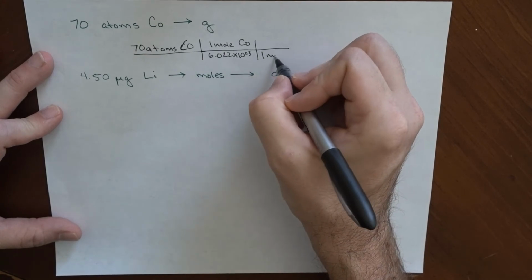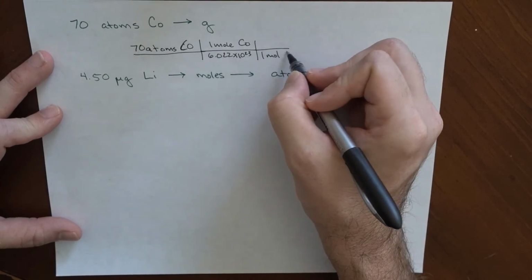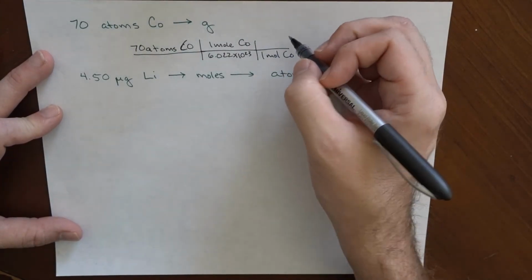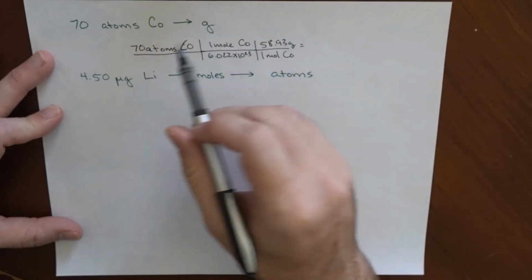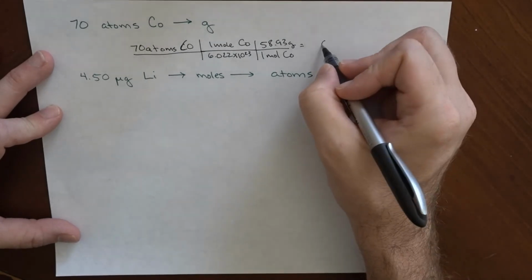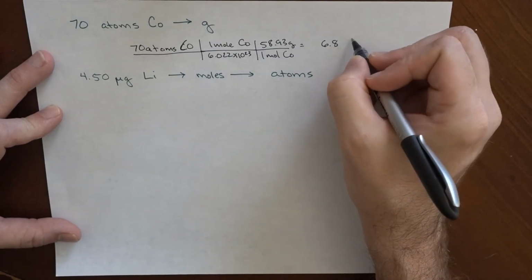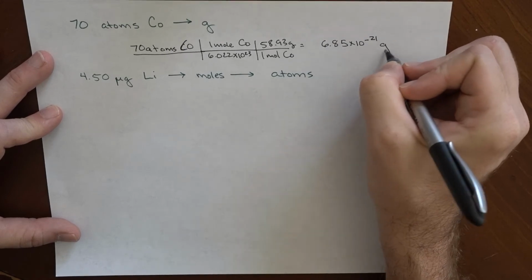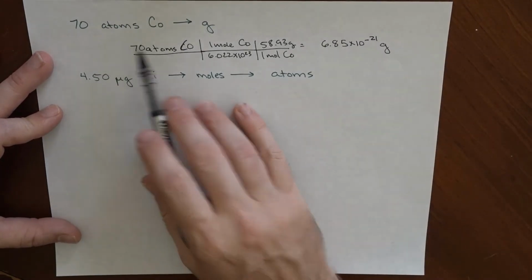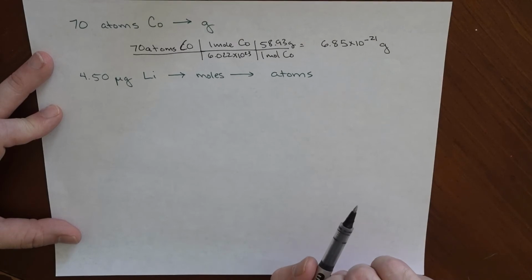And every mole of cobalt, if I have that many atoms especially, would have a mass of 58.93 grams. And when I go through and do this math, I should get a very small number, 6.85 times 10 to the minus 21 grams. So like I said, 70 atoms of cobalt would not weigh all that much.